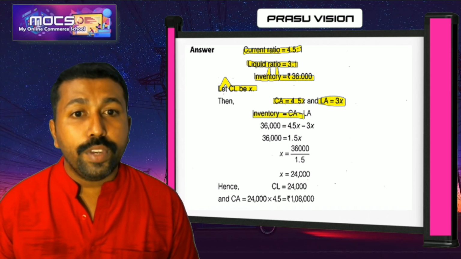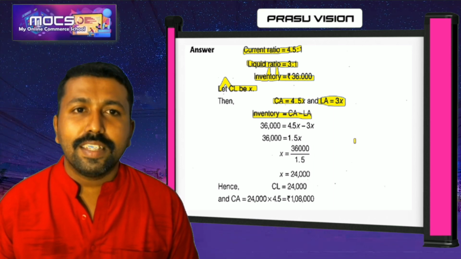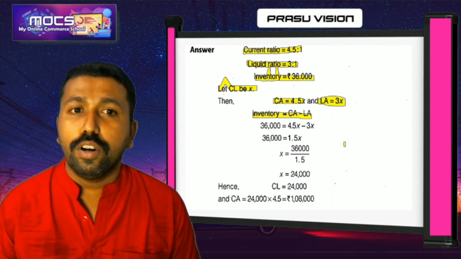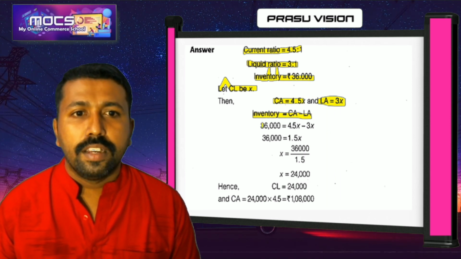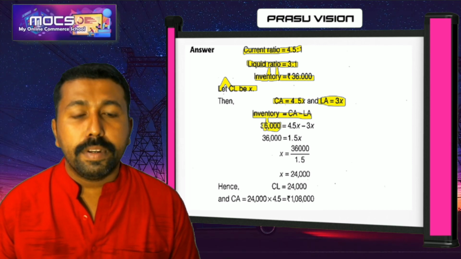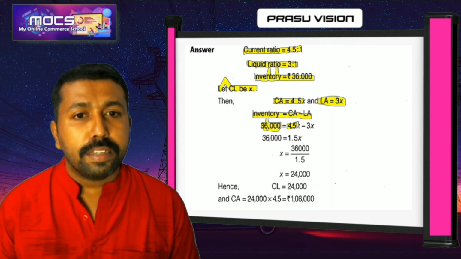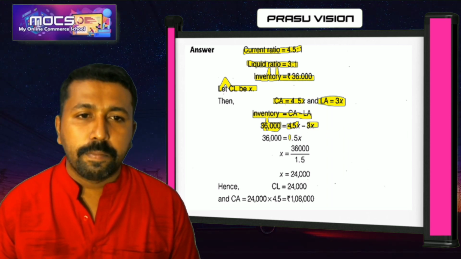And how are we getting the value of inventory? Current asset minus liquid asset, we will get the value of inventory. So we are applying with the assumptions. 36,000 is equal to, that means the value of inventory is equal to current asset 4.5x minus liquid asset 3x.